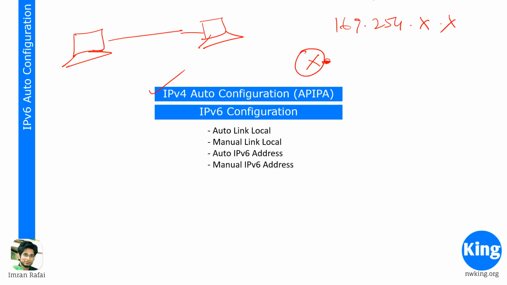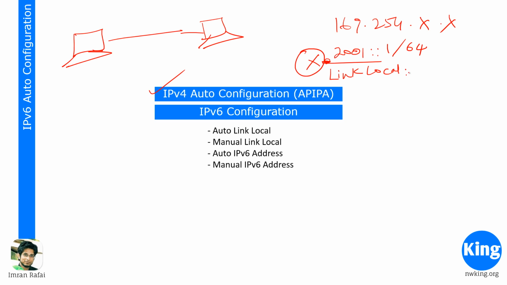So whenever you give an IP address to an interface on a router or any IPv6-enabled device, say you're giving this IP address /64 to this interface, it would automatically create a link local address.